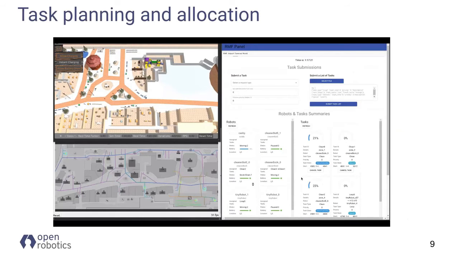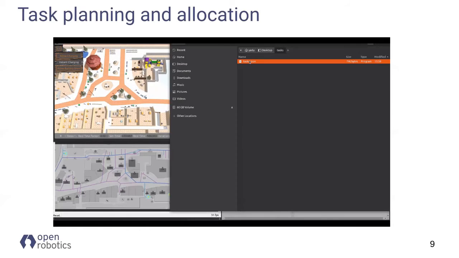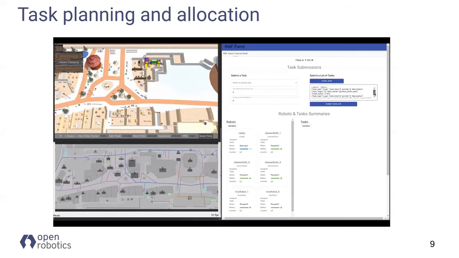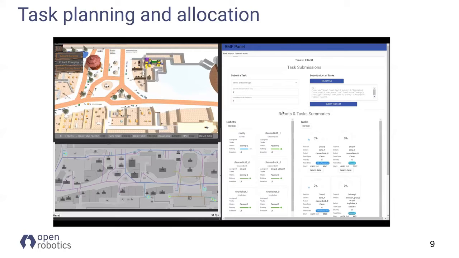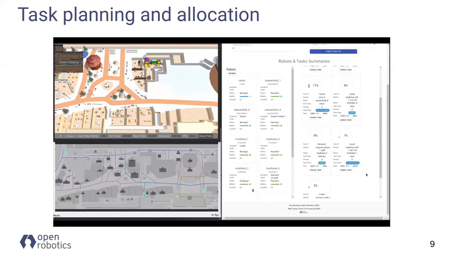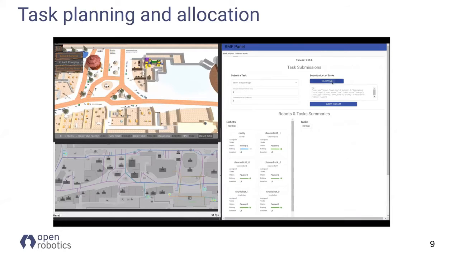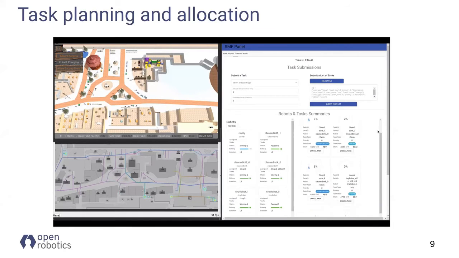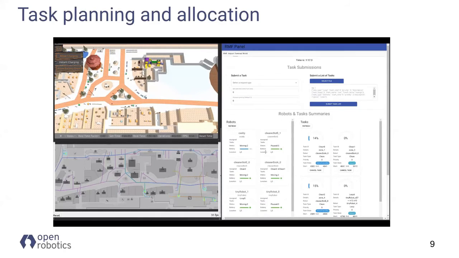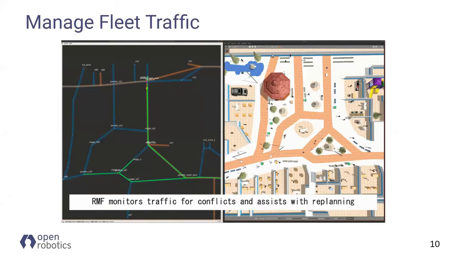It will try to do it in the most optimal way that is actually possible. Here in the animated image, you can see how it's submitting a task. We have an airport simulation, and a map with waypoints and the robot walking around.